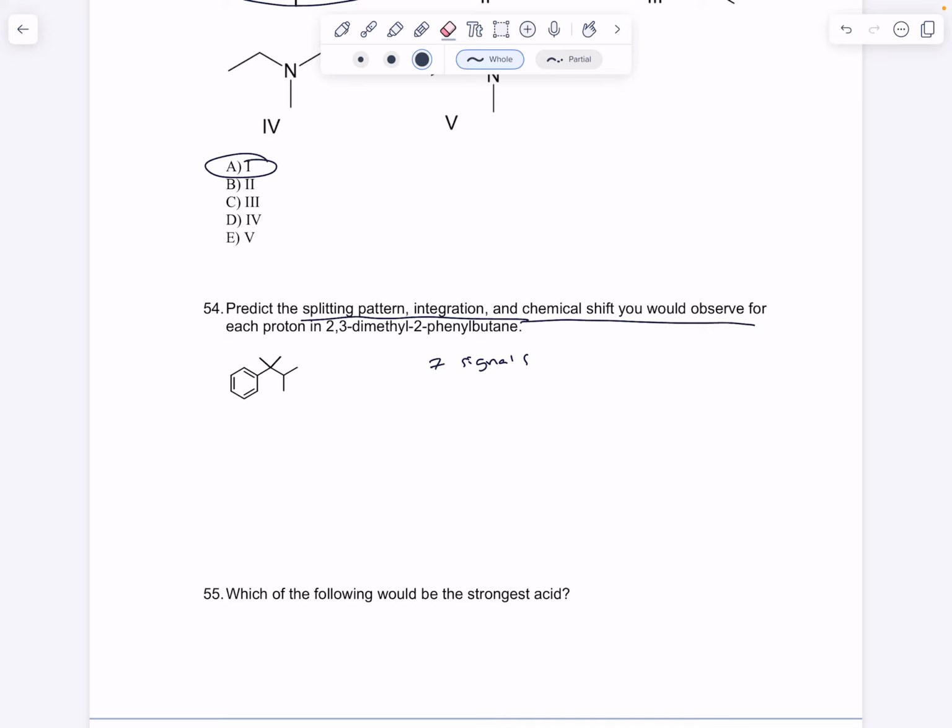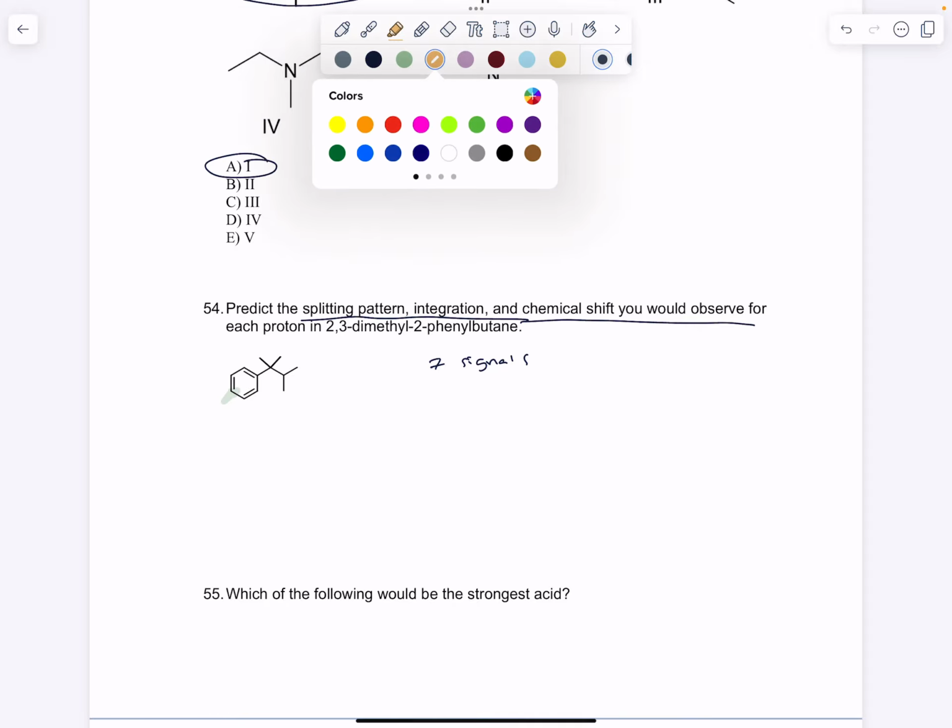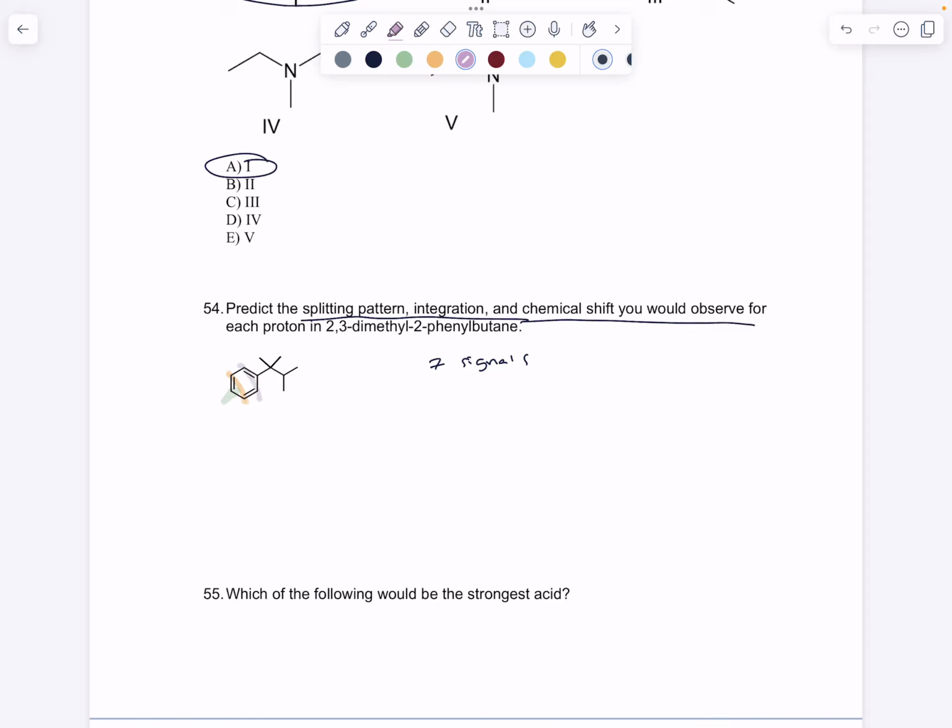We're going to see 7 signals, and I'll give each one a letter, and I'll do some alternating colors. So A, and we'll give this one color, and then this one color, and then this one color, because it's 1. There's not a hydrogen on that substitution position right there. We'll give this one color.